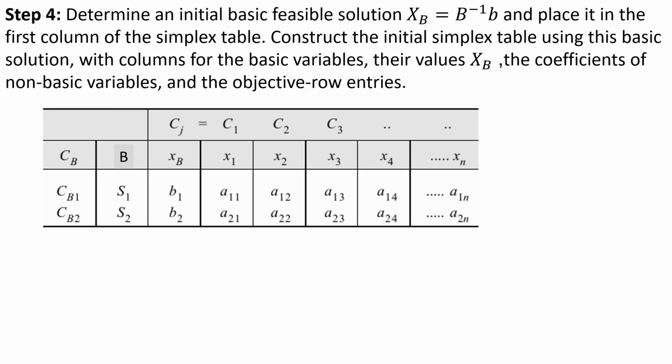And let's see the fourth step. In this step, we have to determine the initial basic feasible solution, that is xb equal to b inverse b, and place it in the first column of the simplex table and construct the initial simplex table using this basic solution with columns for the basic variables, their values xb, and the coefficients of non-basic variables and the objective row entries.